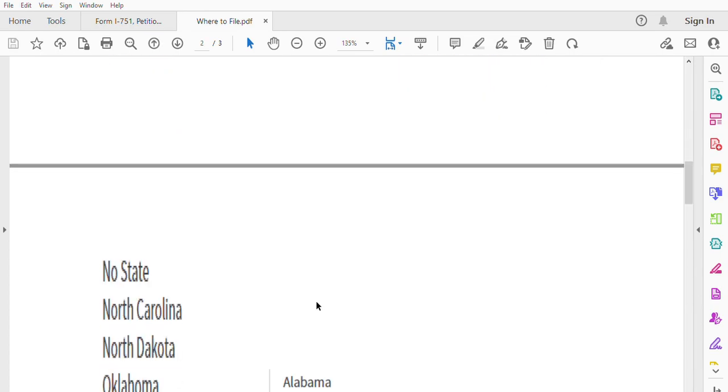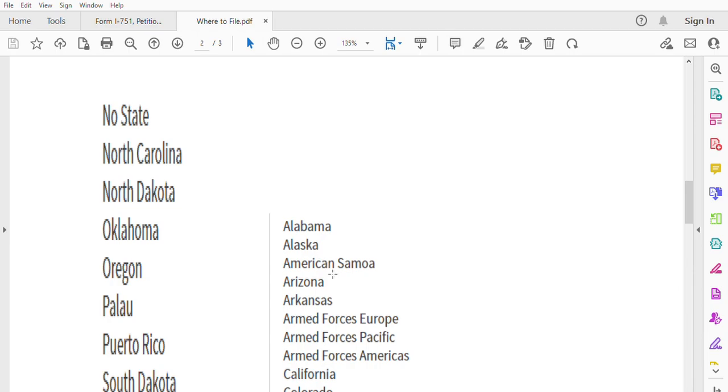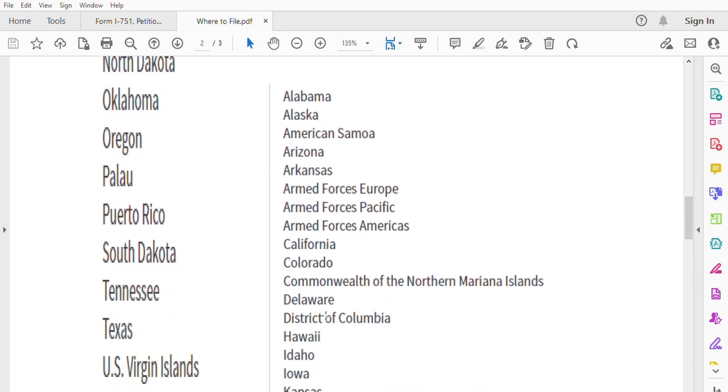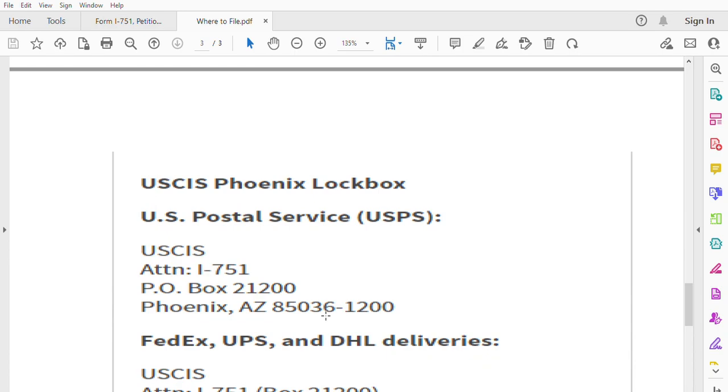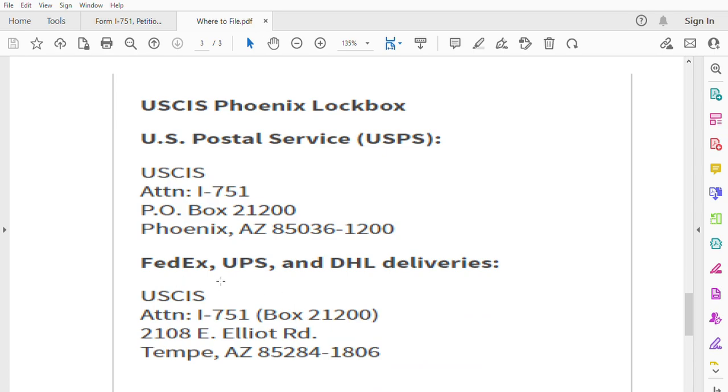However, if you live in the other states, Alabama, Alaska, American Samoa, Arizona, Arkansas, Armed Forces Europe, all of this right here, California, go read this. If you use the US Postal Service, you will send it to this address to Phoenix. If you use FedEx, UPS, or DHL, you will use Tempe, Arizona.